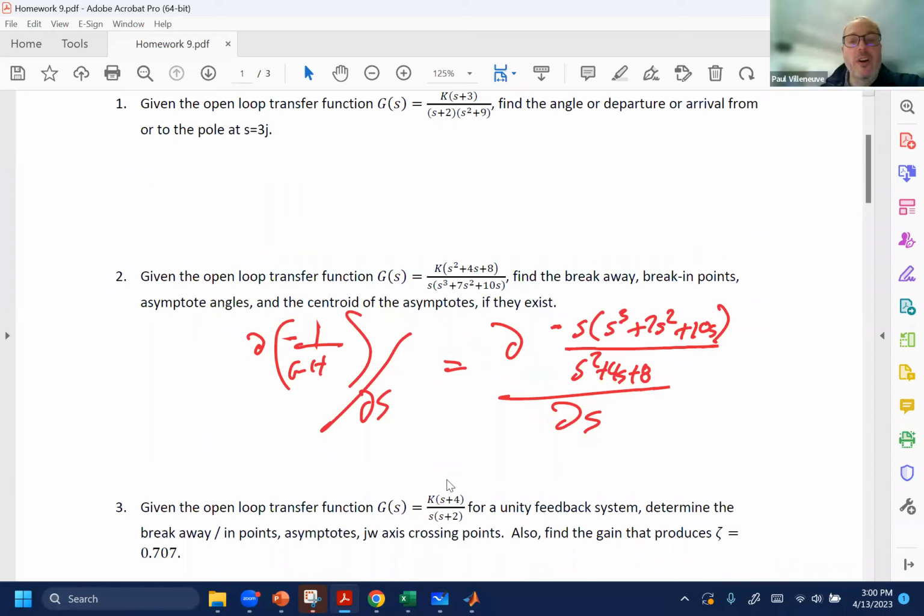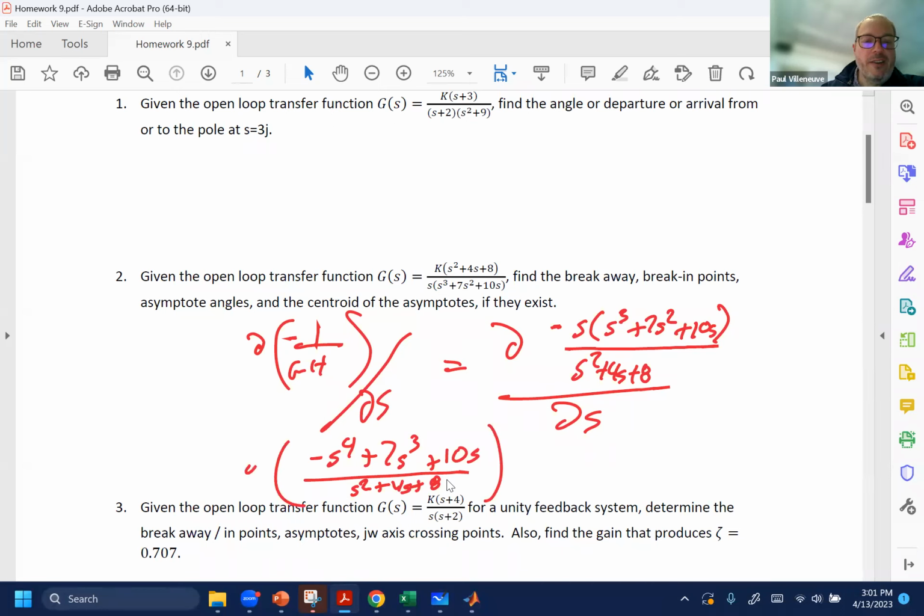Sorry. You don't know how to do the partial derivative for this one? Wasn't quite sure, because I did take a differential equation course, but it's been a while. So, well, I'll get you started. What you're going to do, I recommend you multiply everything out: s to the fourth plus 7s cubed plus 10s is the numerator, and the denominator is s squared plus 4s plus 8.